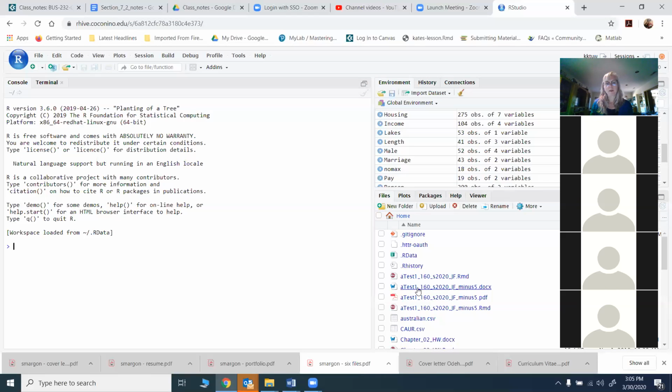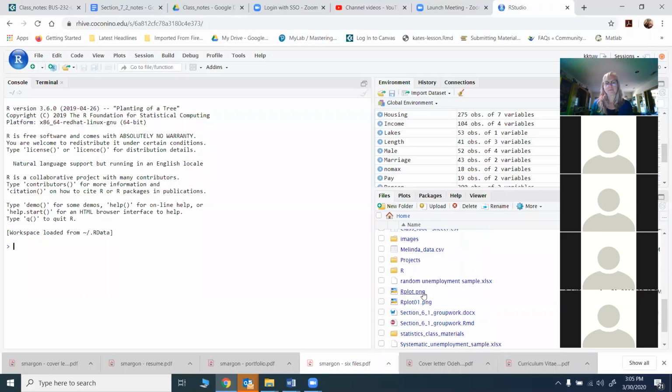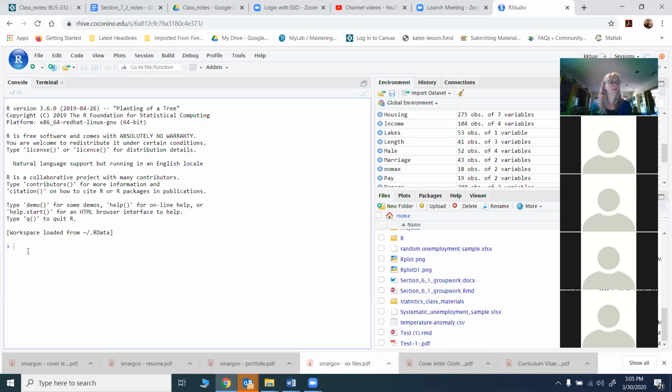There is an RMD file for chapter 7 homework. You can open that one up and do everything in there, or you can just do it straight in the console part of R. We're just gonna do it in the console because I don't really need anything else. This is a proportion test.